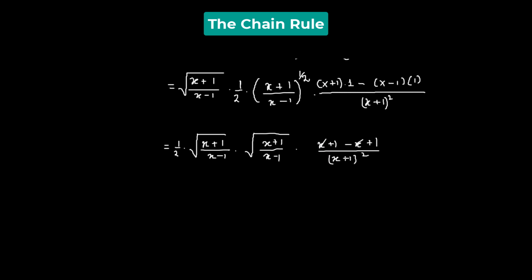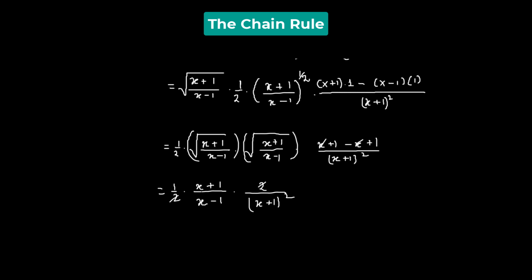So the x and x go away, and we have half multiplied by the square root of x plus 1 over x minus 1, which is repeating twice. So multiplication of the square root with itself will take care of the square root. So we'll have x plus 1 over x minus 1 multiplied by 2 divided by x plus 1 whole squared.